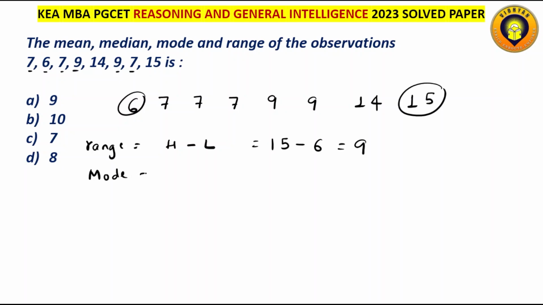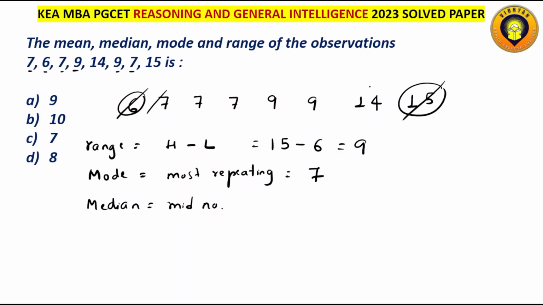Then mode. Mode is the most repeating number. In these observations, the most repeating number is 7, which is repeated 3 times. Then median. Median is the middle number. First and last get cancelled, second and second last get cancelled, 7 and 9 get cancelled.